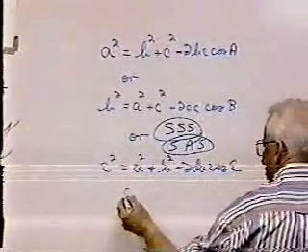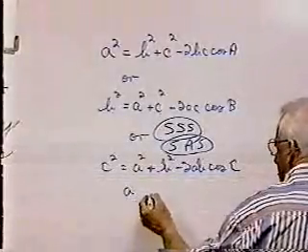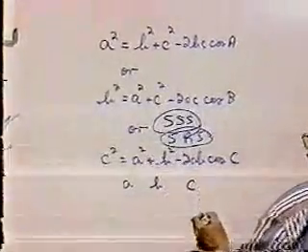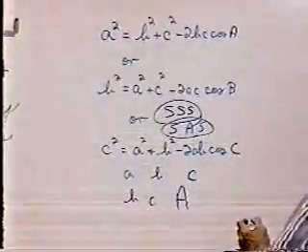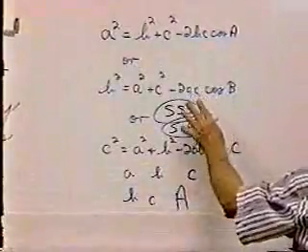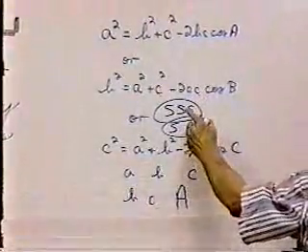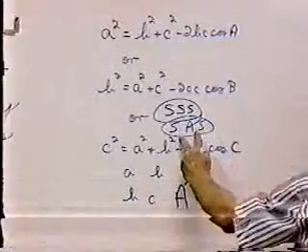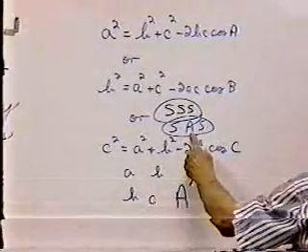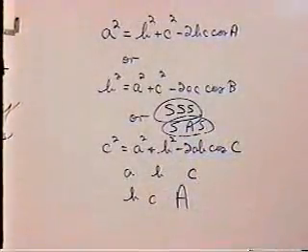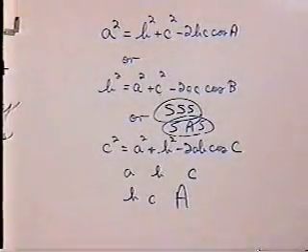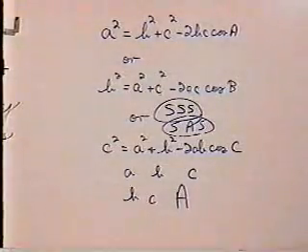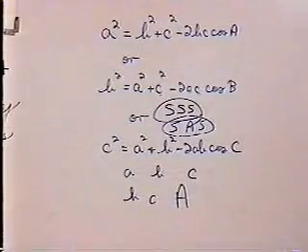That says if you're given side A, side B, and angle C, or side B, side C, and angle A. So the law of cosines is only useful if you're given 3 sides or 2 sides and the angle included between those 2 sides. Now, the good thing about the law of cosines is it's always going to work out. You don't have to worry about 2 angles. You don't have to worry about no triangles. It will work with one and only one solution.